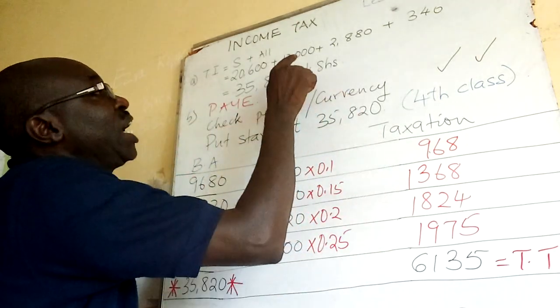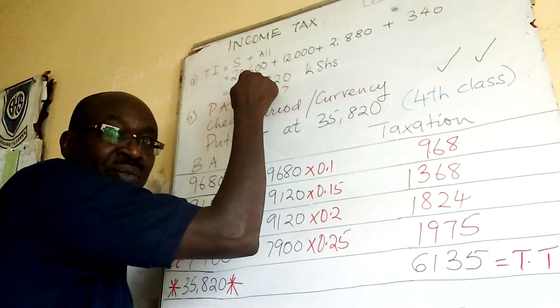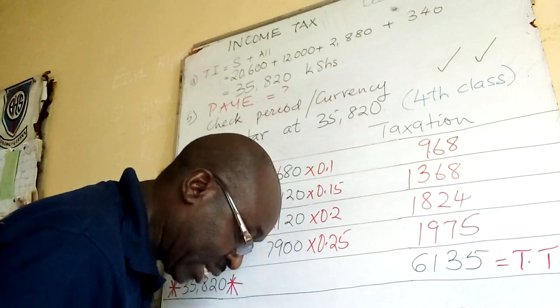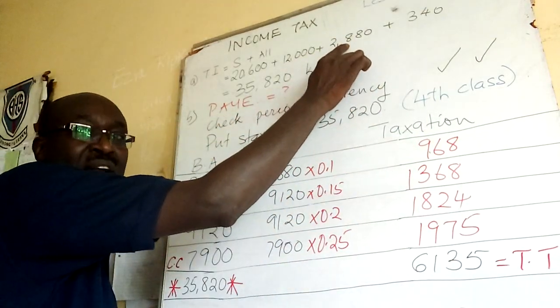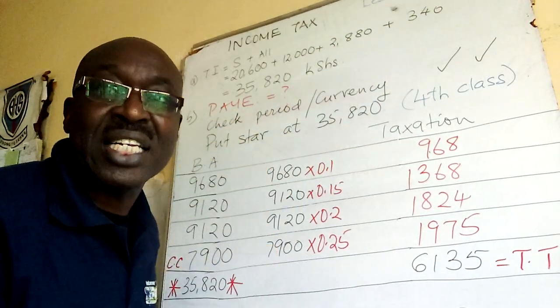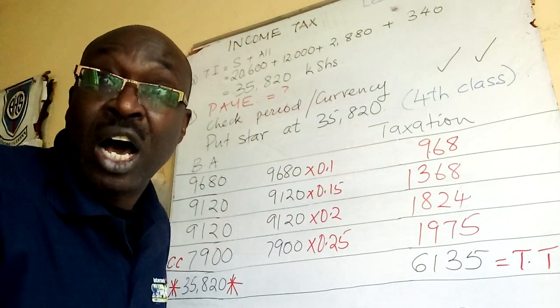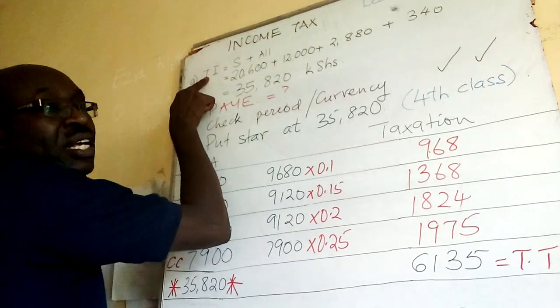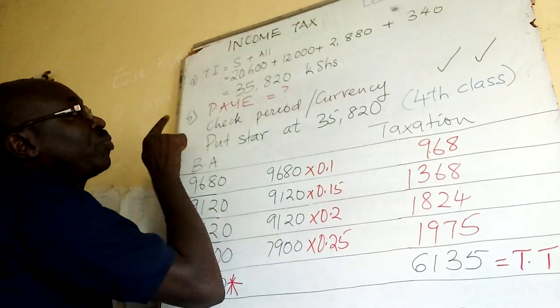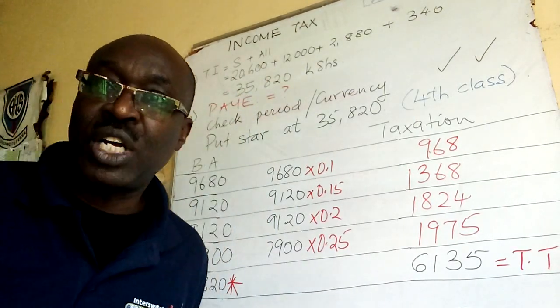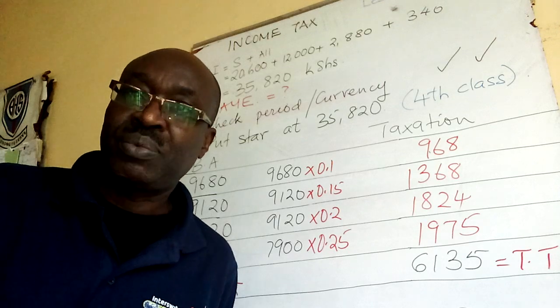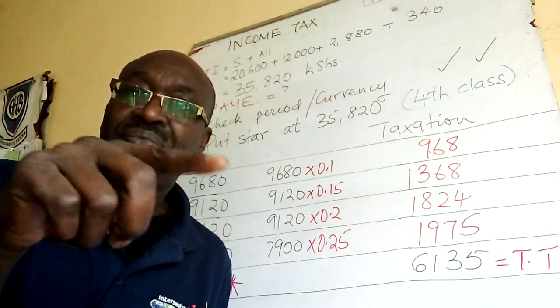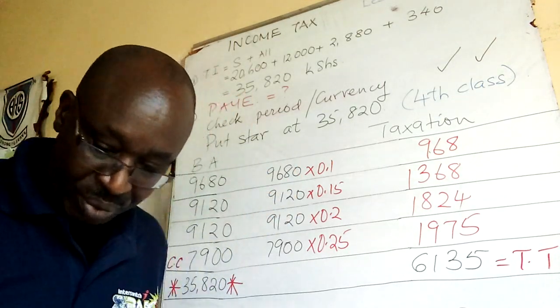He has house allowance, we add. Medical allowance, we add. And finally, he has transport allowance. So all these, when added together, give us taxable income, which is 35,820. 2 marks. You are done.